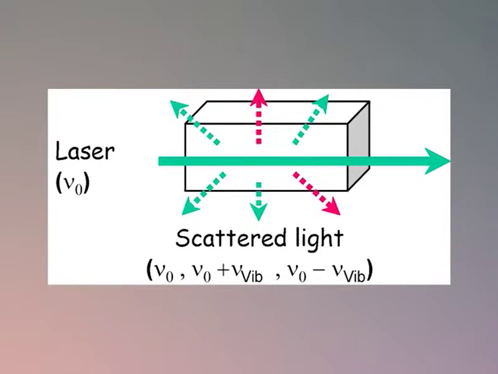Now, when photons are scattered from an atom or a molecule, most of them are scattered elastically. That is, the scattered photons will have the same frequency or the wavelength as the incident photon, and this phenomenon is known as Rayleigh scattering. But a small fraction of the scattered photons are scattered by excitation, with the scattered photons having frequency or wavelength different from the incident photon, either higher than that or lower than that.